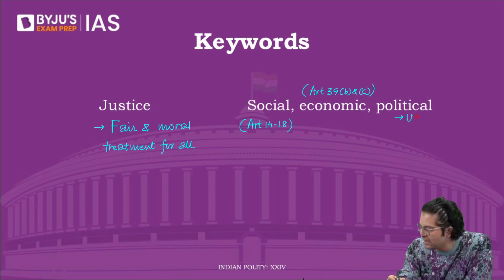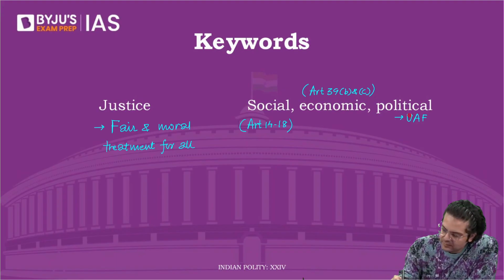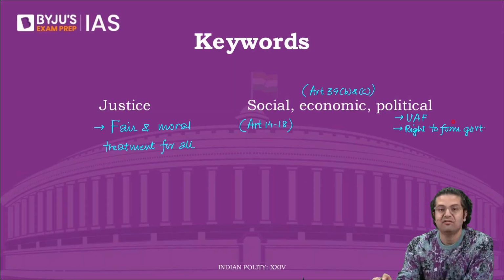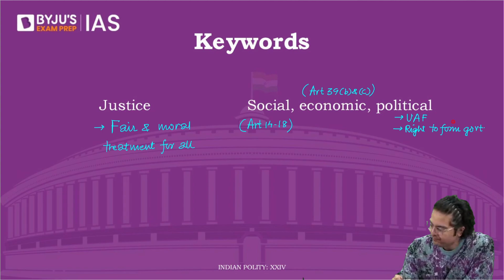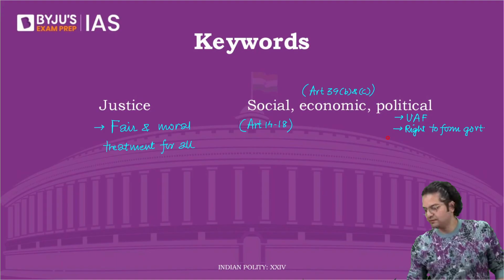What is UAF? Universal Adult Franchise. Things like the right to form the government, a right to participate in political affairs, etc. This is what is called political justice.